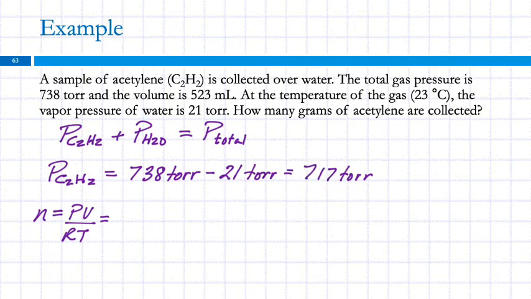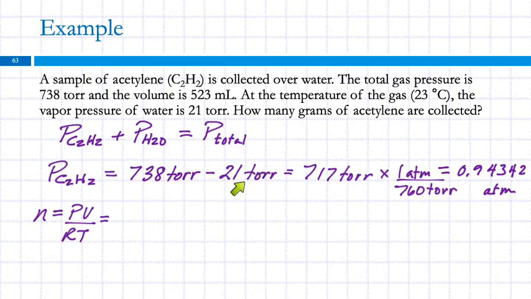No, we need it in atmospheres. We don't need the chart for this one because they told us what the vapor pressure is. If they didn't tell us, we'd have to look this up.